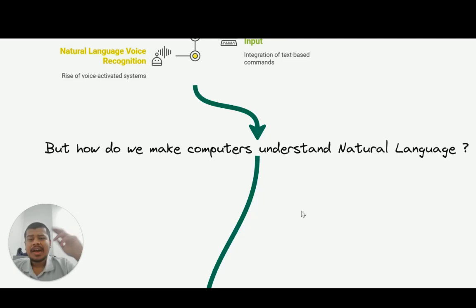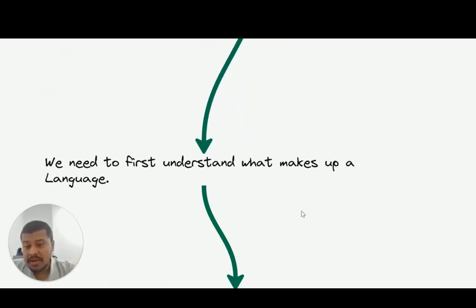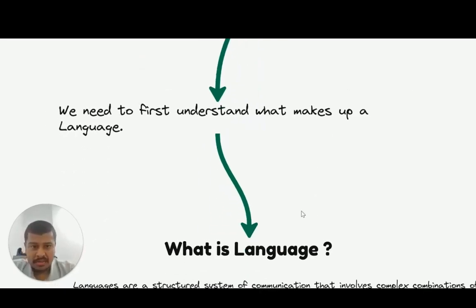So we need to find a way to numerize natural language. But then to even numerize natural language, we need to understand what language is. How can we represent languages numerically so that they are processed much more efficiently and it simulates human understanding? Make a tool that simulates human understanding. Fine. So that is why we need to understand what makes up a language.